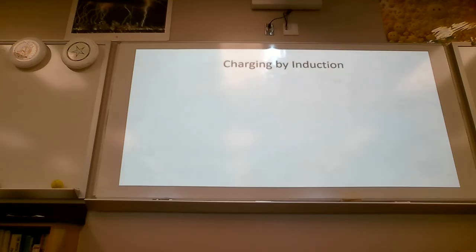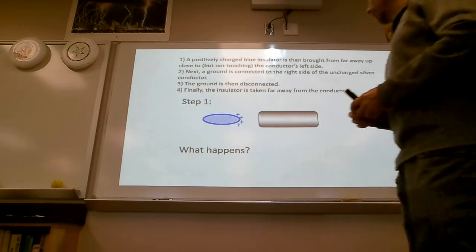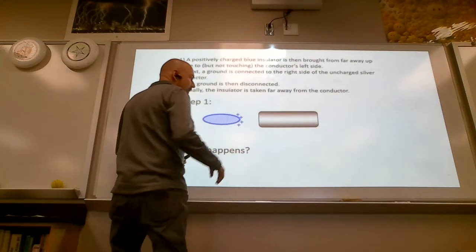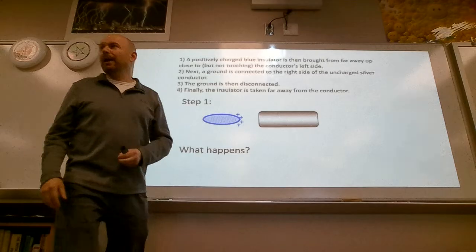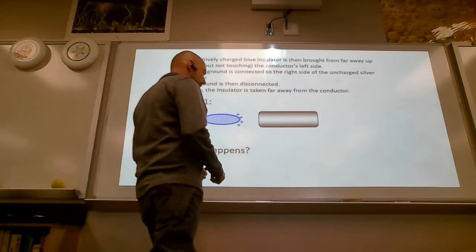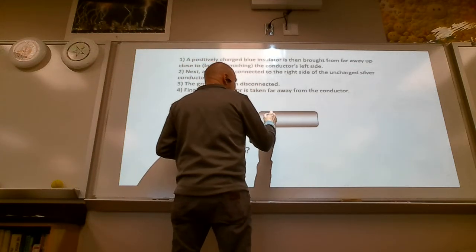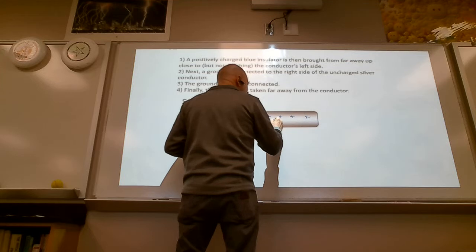All right. Charging by induction. This is a process. Step one is we bring a charged object near a neutral object, and the neutral object responds. So think about what would happen inside this neutral object.